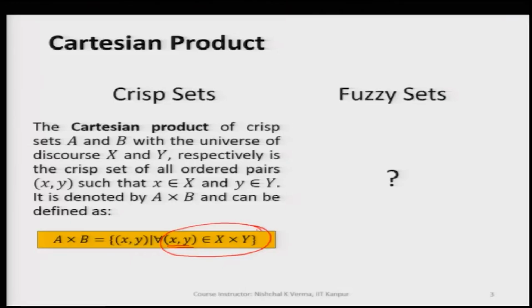So, this was all about the Cartesian product of crisp sets.